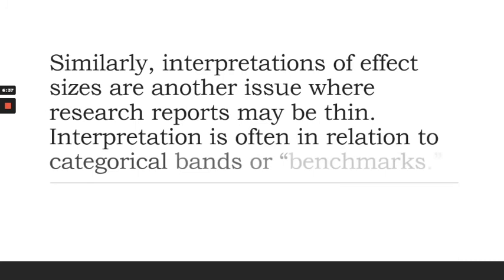Similarly, interpretations of effect sizes are another issue where research reports may be pretty thin. Interpretation is often in relationship to categorical bands or benchmarks, and these things are usually described in initial papers that describe the effect size calculations, how they're employed, and providing guidelines for others to use.